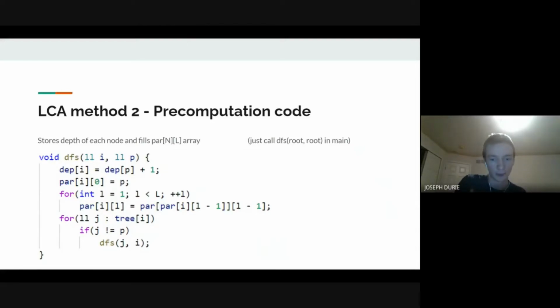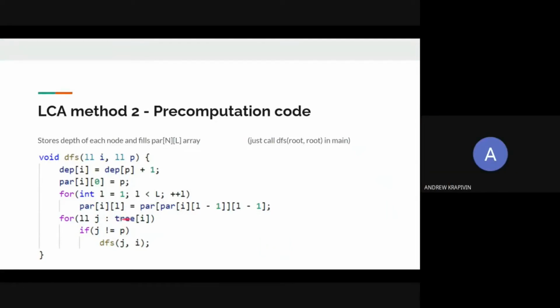So again, this is more like what Andrew was talking about, where you do it in the DFS after computing it for the ancestors. But you could also just do it in a similar way to how we did RMQ, with a nested for loop in main or something. Well, I wanted to do it with DFS a bunch of times, but there's absolutely no point to doing that.